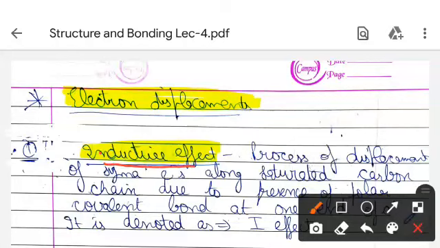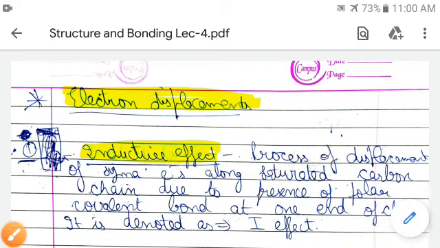What is inductive effect? As we have already done in lower classes also, it is the process of displacement of electrons, especially sigma electrons, along a saturated carbon chain due to the presence of a polar covalent bond at the end of the carbon chain, and it is denoted as I effect.